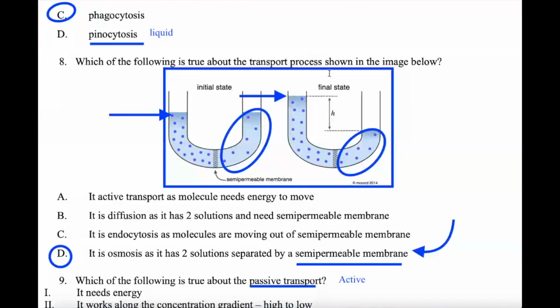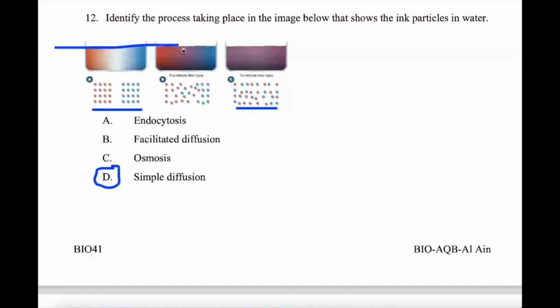In this one, water was moving only. So that's why we said this is osmosis. Now go down, and in this picture, we see the level of the water is all the same. And also, there is no semi-permeable membrane shown in this picture. That's why it is not osmosis.